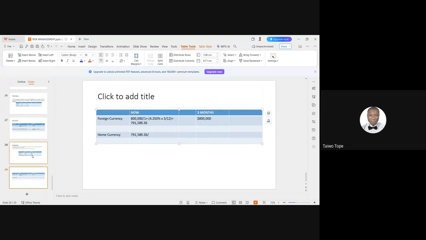With what are we converting? 1.7788. So the result will be what here? Should be 445,213.36.